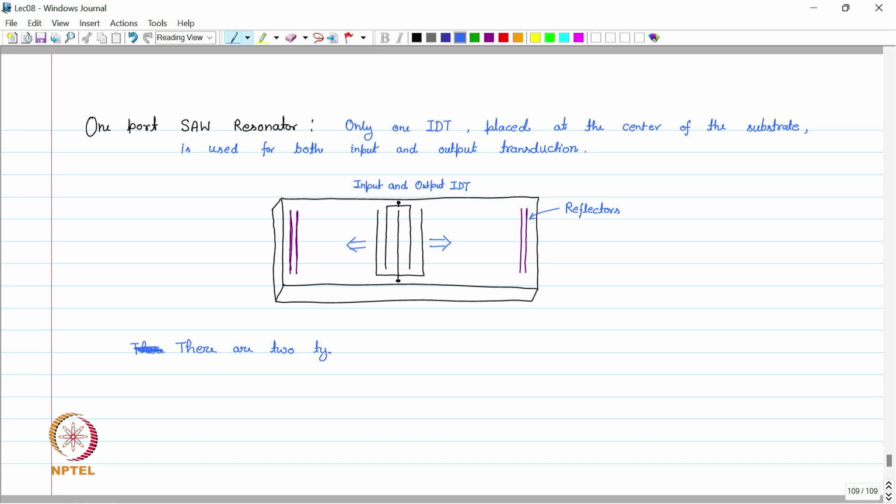There are two types of surface acoustic wave sensor.